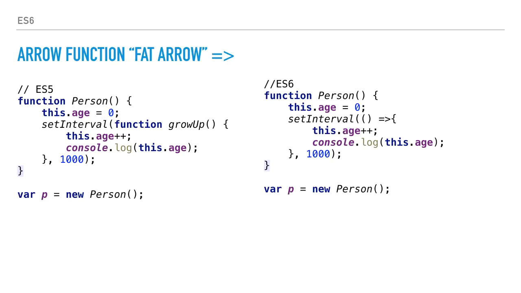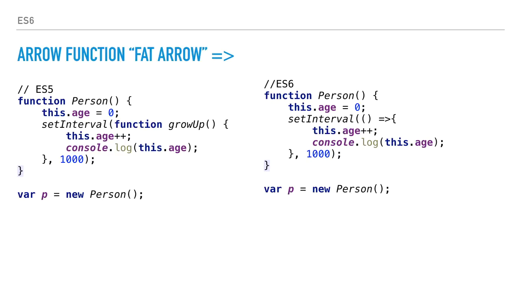So let's take a look at the ES5 example on the left side. We have a function Person, right? We define the age, so this.age is equal to 0. That's perfectly fine because we are inside the scope of Person, right? But once we define the setInterval, we are specifying a function, and inside, guess what?